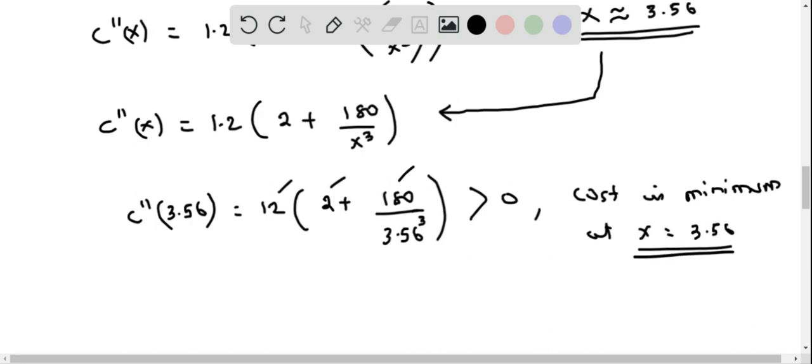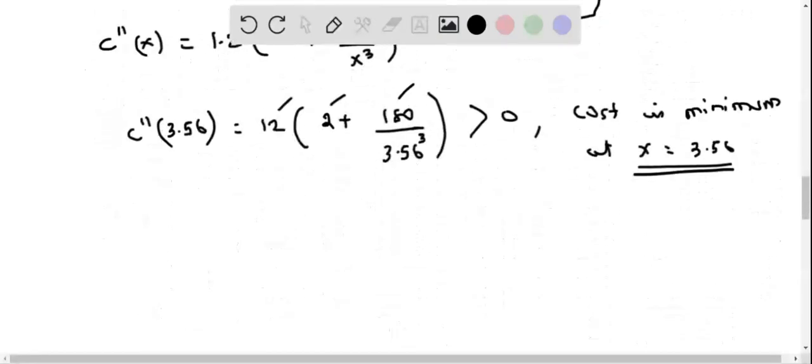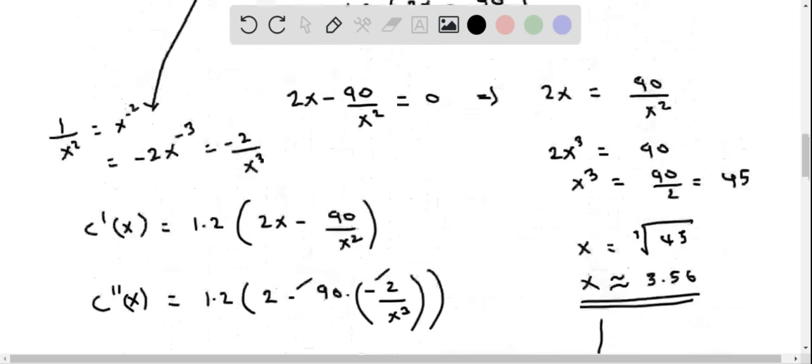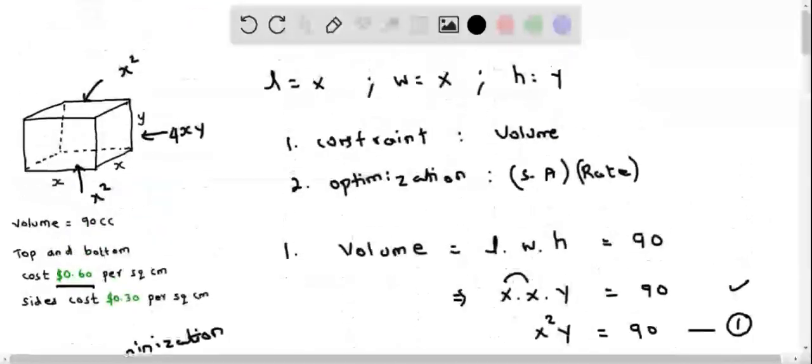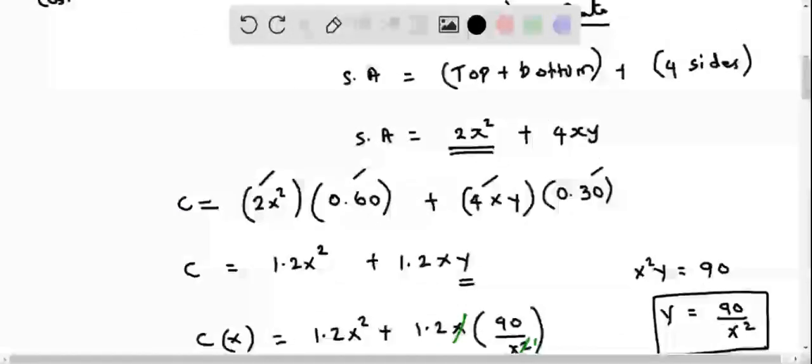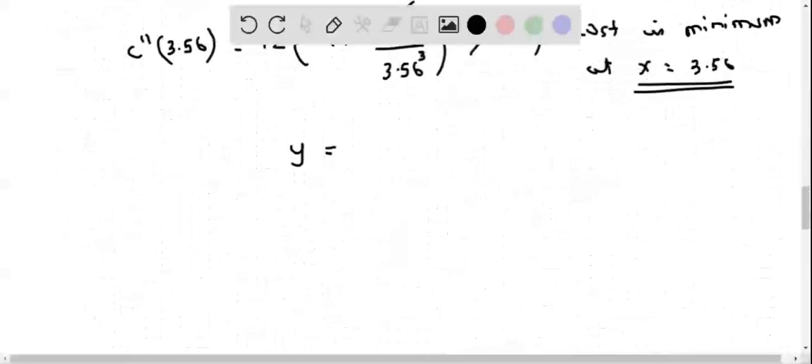So thus we have verified that at the dimension x equal to 3.56, the cost is minimum, which means we can now find the height of the box, that is y, and for that we will use equation 1, that is x squared y equals 90.